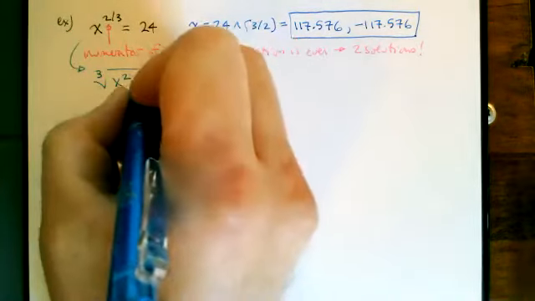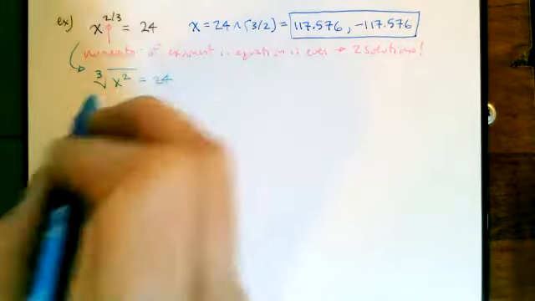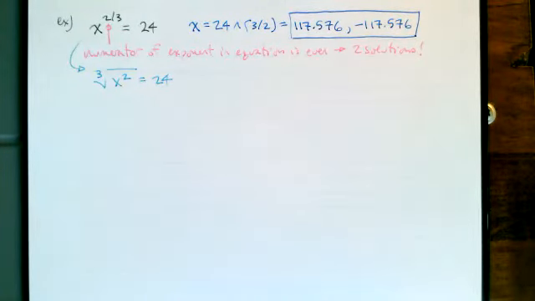And so the exponent is even. X squared is going to have two solutions in an equation. So we can summarize that by just saying if the numerator of the exponent in the equation is even, then we're going to end up with two solutions, one positive and one negative.